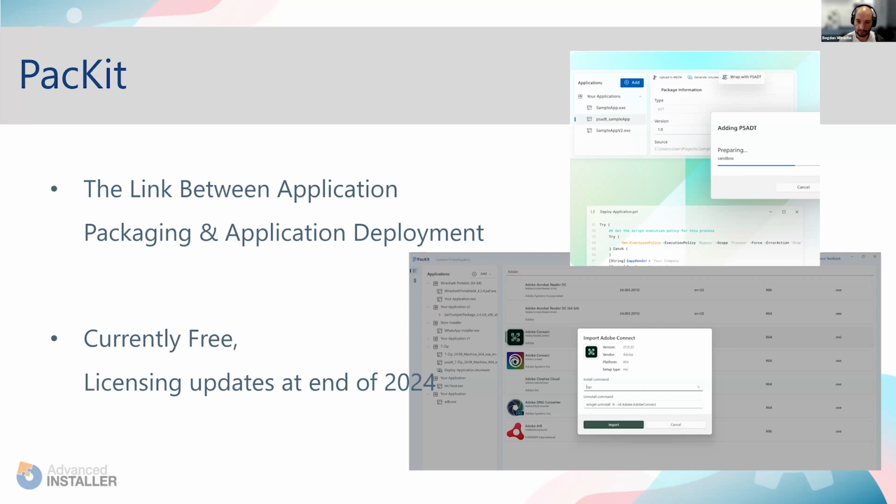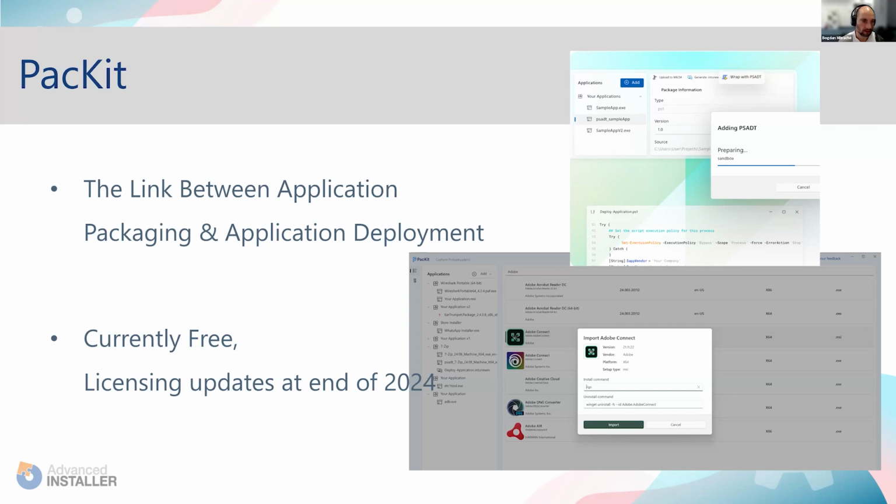We help you retrieve the command lines automatically from Winget, so you can add packages from your local machines, or you can add them directly from the Winget store with a simple search in our UI. And in that moment, we'll retrieve the command line information and versioning info.